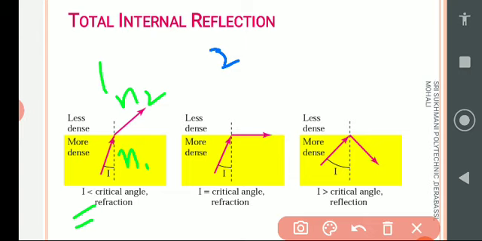The incident light will travel along the fiber axis at the core clad interface. So the light will go straight.